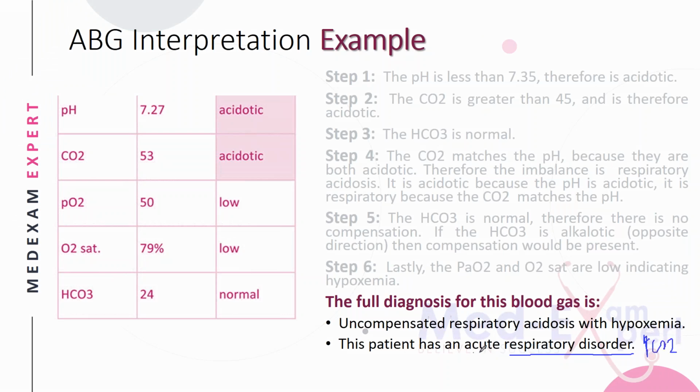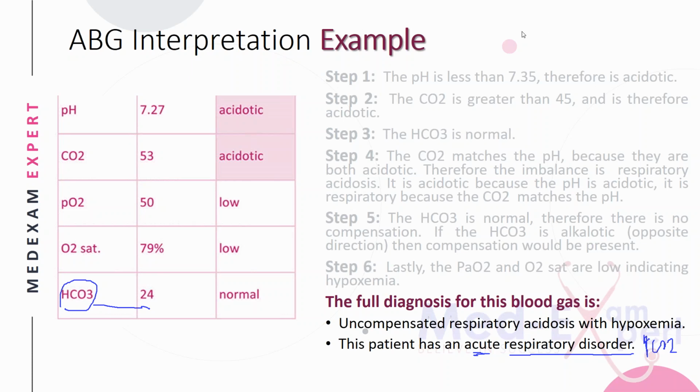At the same time it's acute because the body mechanisms of compensation still didn't work and the bicarb is still normal. So this patient has an acute respiratory disorder, or I can say acute respiratory failure.